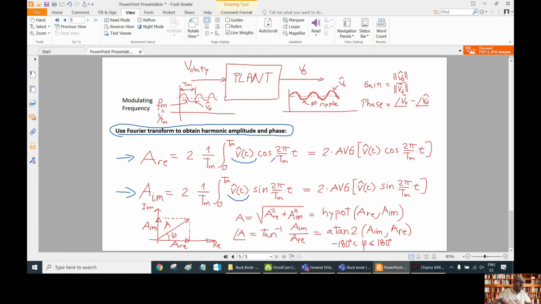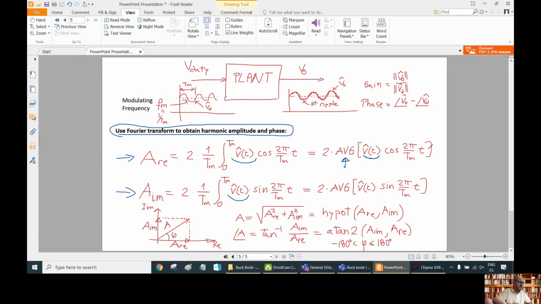Okay, so how to do this integral in LTspice? We can do this integral using the average function. We can just do 2 times the average value of our waveform under study, times cosine of 2 pi divided by tmt.